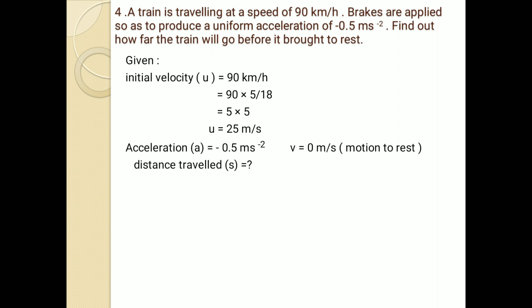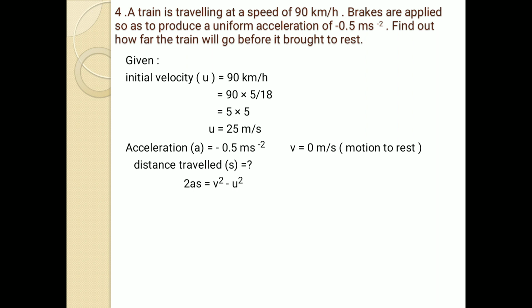So what about the third equation of motion? The first equation of motion has no distance at all. We'll see the third equation of motion. We have to go through the third equation of motion because we don't need time to calculate distance in it. Okay, that is 2as is equal to v square minus u square.